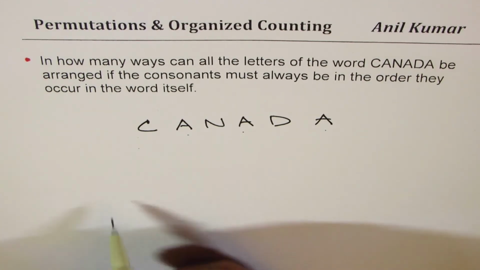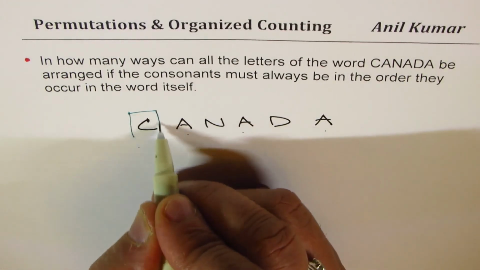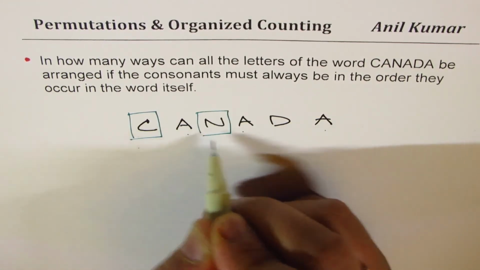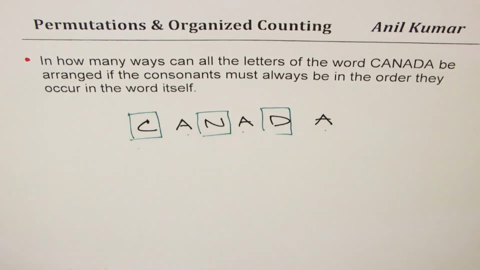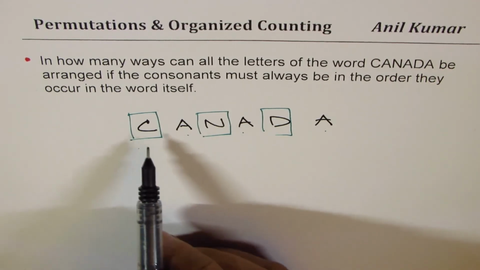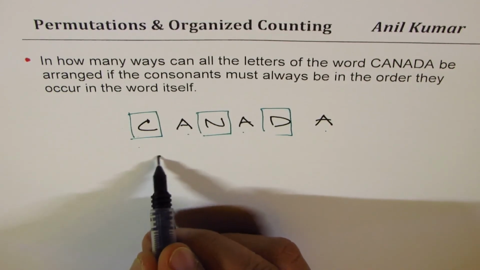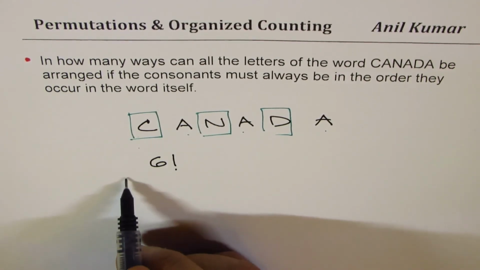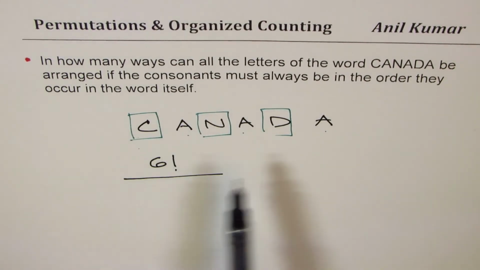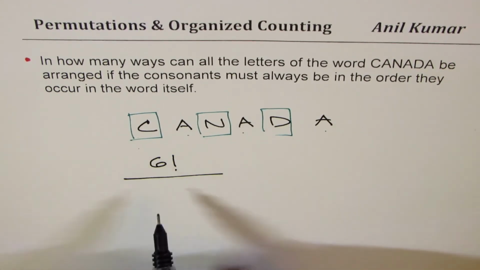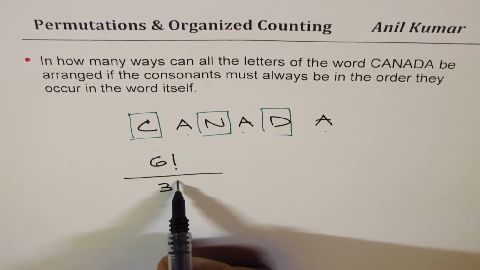These 3 are vowels, so we are looking for these 3 letters. Their order should be maintained. Do you understand? So let's find the total number of combinations. So total number of ways in which 6 letters can be arranged is 6 factorial. Now out of this there are 3 A's, so we have to divide by 3 factorial.